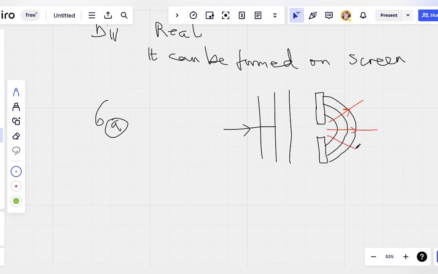So you do this, you get your marks, whatever number of marks this question carries.